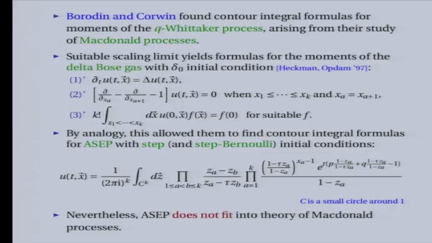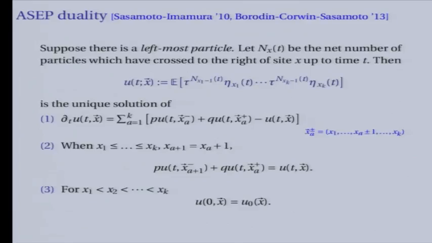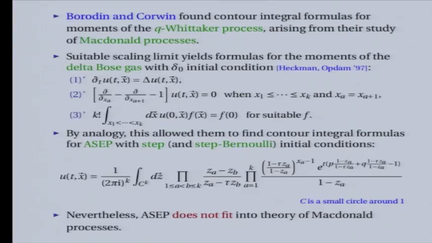Starting from the theory of Macdonald processes, they can find contour integrals which encode things completely analogous to this. And on the other hand, they can take limits of those formulas. Since the Q-TASEP process is going to converge under some scaling to the KPZ equation, the formulas they get converge to the solution of the delta Bose gas, which is what I said is encoding the KPZ equation.